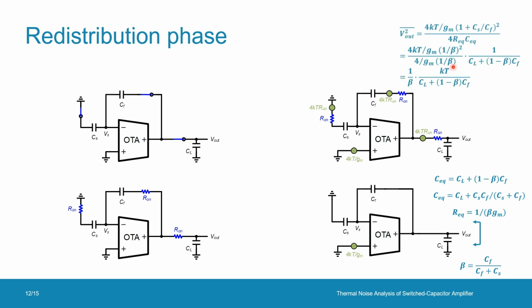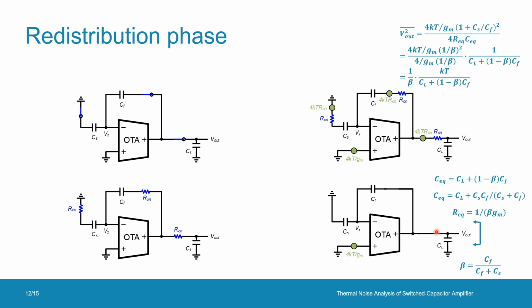Then the output noise power is once again this noise PSD over 4RC. Be aware that an amplification factor of 1 plus CS over CF is included, because in this case, the OTA is no longer a unity feedback, but rather in capacitive feedback with an amplification of 1 plus CS over CF, or 1 over beta.